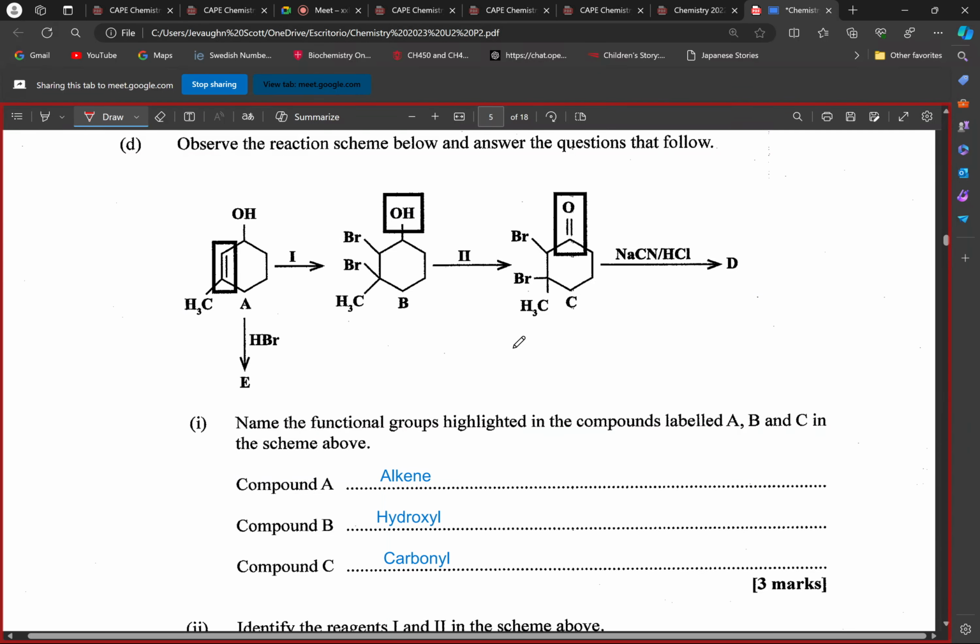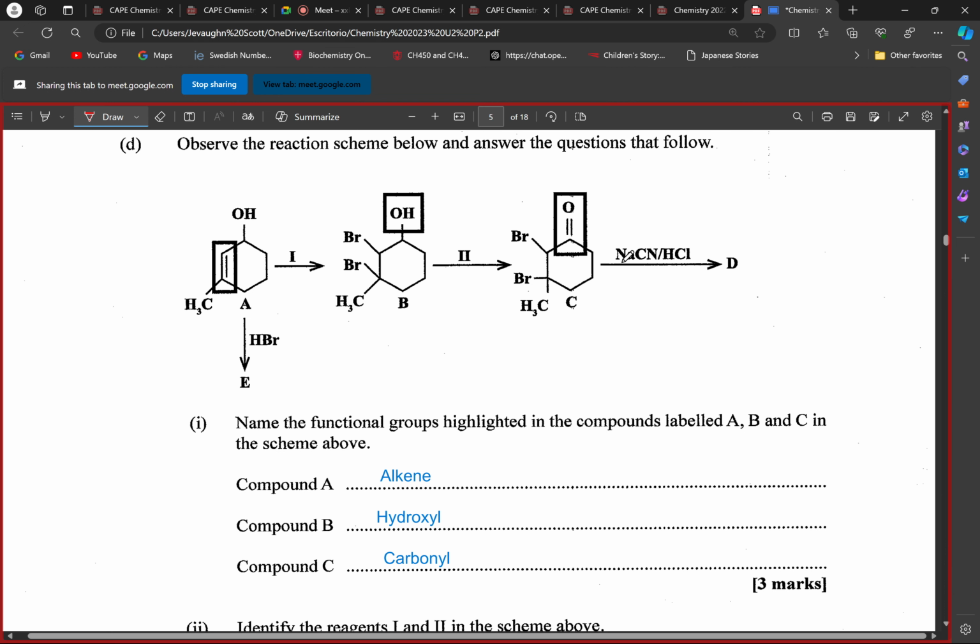The chlorine group is going to replace the bromine group. Are we so sure that's the reaction we're looking at?